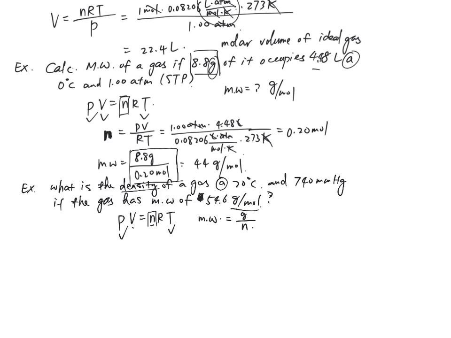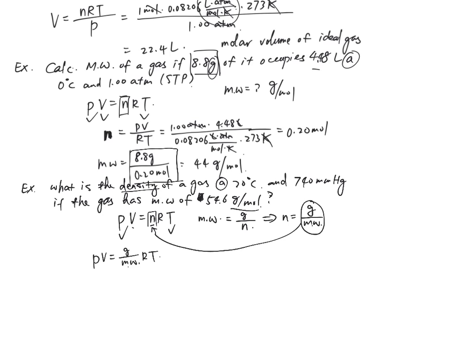Let's plug that into this equation, because from here I can say n equals grams over molecular weight. So what if I use this to replace the n in this equation? I end up getting PV equal to grams over molecular weight times RT.